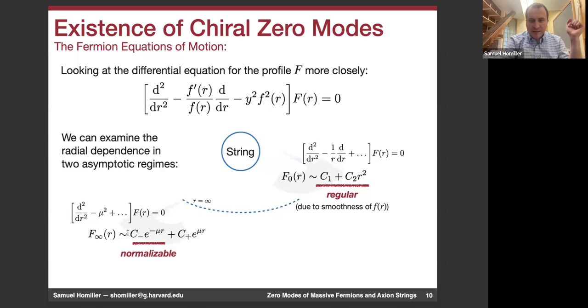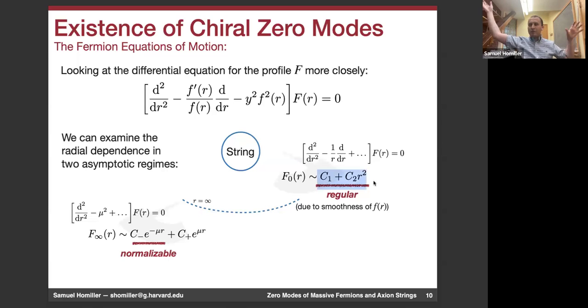This, of course, just has normal exponential solutions. Again, I have two linearly independent solutions, but now I'm forced to pick a solution that's normalizable. And so I pick the one that asymptotes to C minus. And then the question is just, can I write down a solution to this differential equation that interpolates from this function to some linear combination of these two across all values of R?